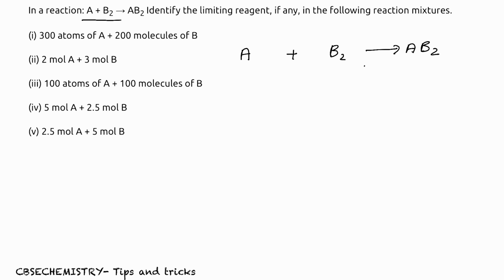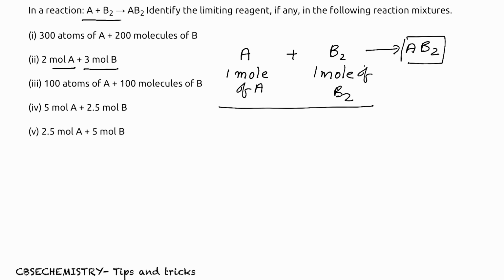See, it is about 2 moles of A combining with 3 moles of B2, right? Again, we can check the stoichiometric equation. 1 mole of A, in terms of mole I am saying, combined with 1 mole of B2 to form 1 mole of AB2, right?